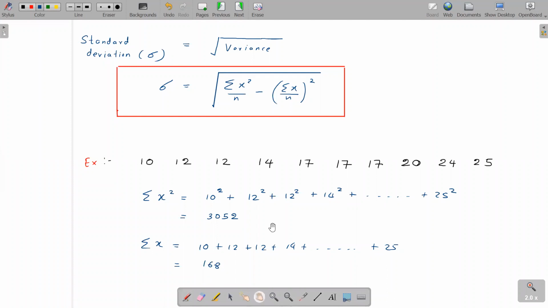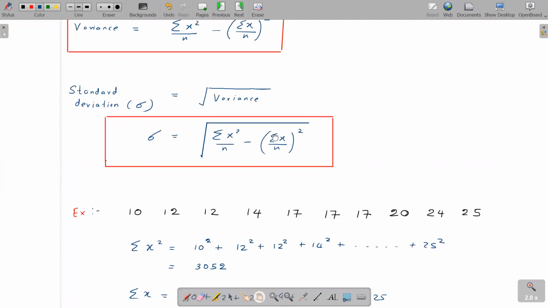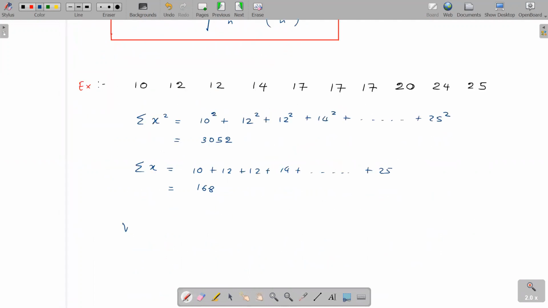So now shall we get the variance? Write down the variance equation. You need to write it and practice because this is not something given to you in the formula book. Sigma x square over n minus sigma x over n whole thing square.